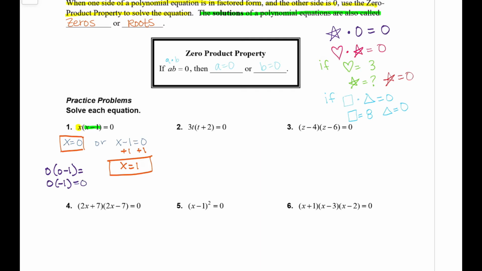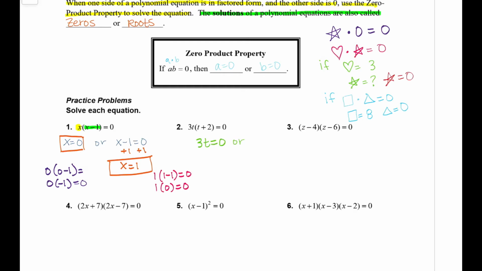If I put a 1 in, I have 1 times 1 minus 1 equals 0. 1 times 0 equals 0. So no matter which one I pick, they will give me 0 in the end if I have x equals 0 or x equals 1.